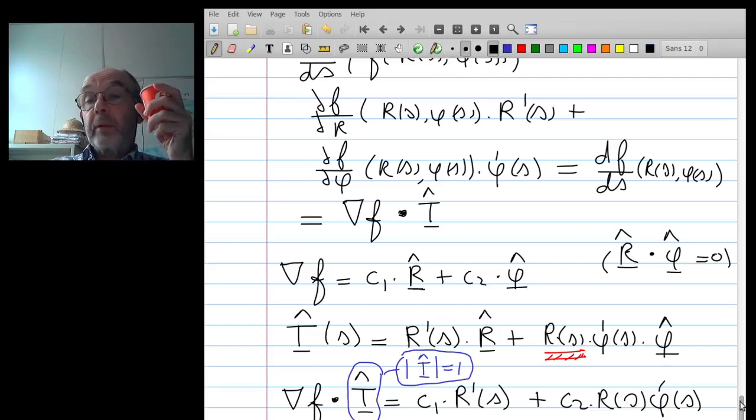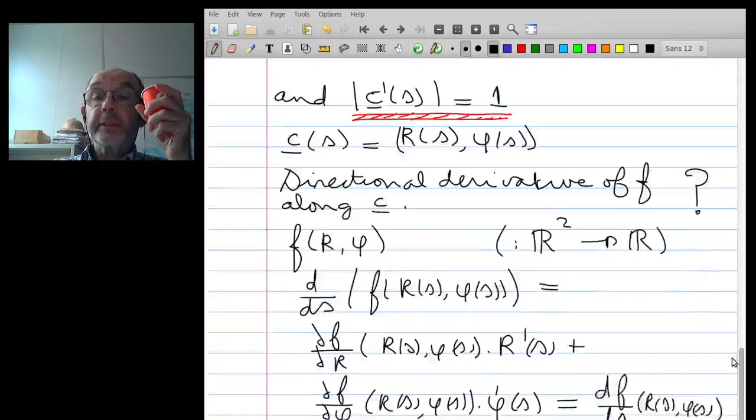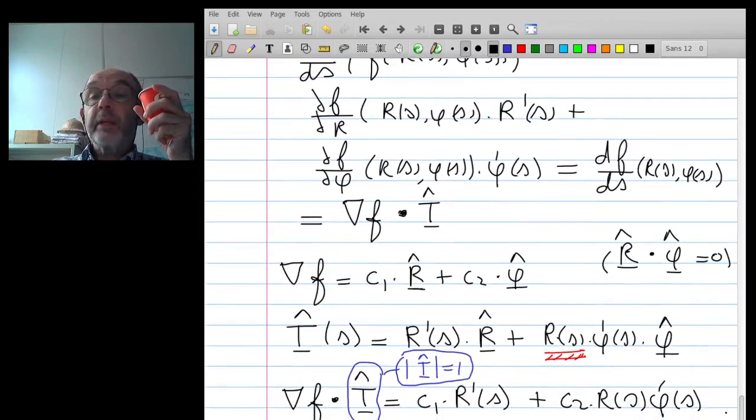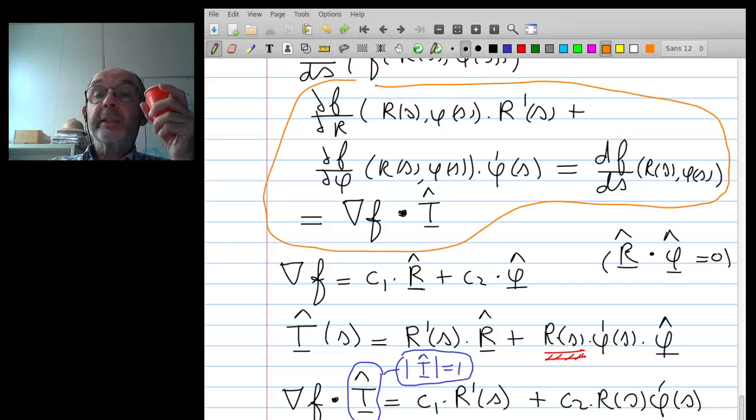We have also already calculated an expression for that df ds, for that directional derivative, here: the function f differentiated to r times the derivative of r, plus the partial derivative of f to phi times phi accent.